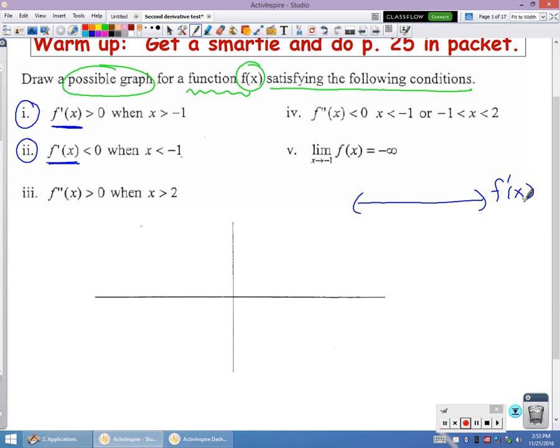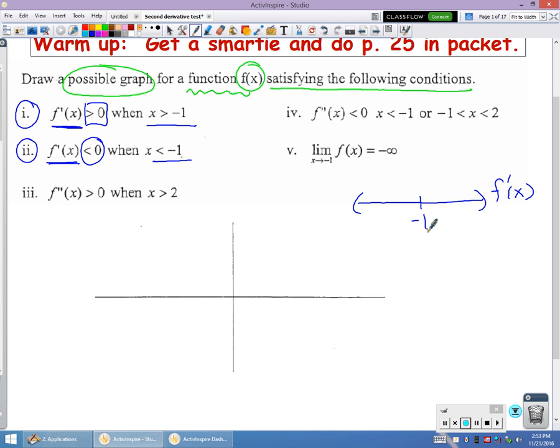We can see that the first derivative is positive when x is greater than -1, and the first derivative is negative when x is less than -1. So it appears that -1 is a critical number, at least that's what I'm gathering so far.